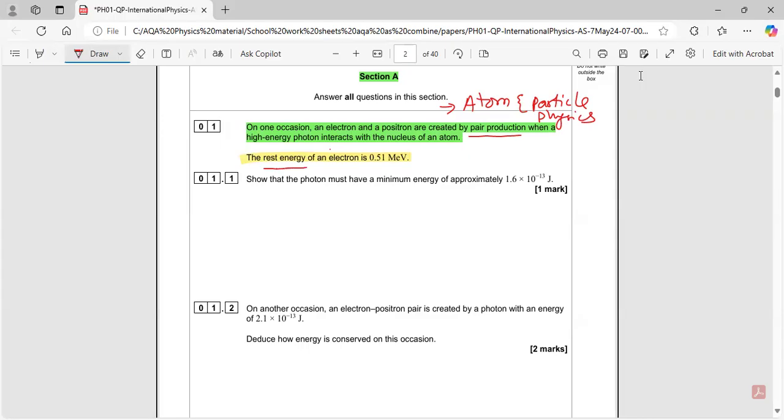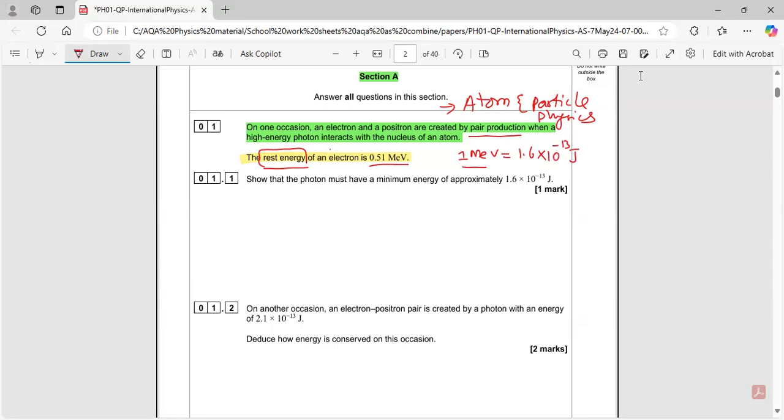So one thing, what is rest energy? You should know this. And second thing, it is given in mega electron volt. Rest energy is defined as the energy equivalent to the rest mass of the particle. It is in MeV, and we know that 1 MeV equals 1.6 times 10 to the power minus 13 joule.